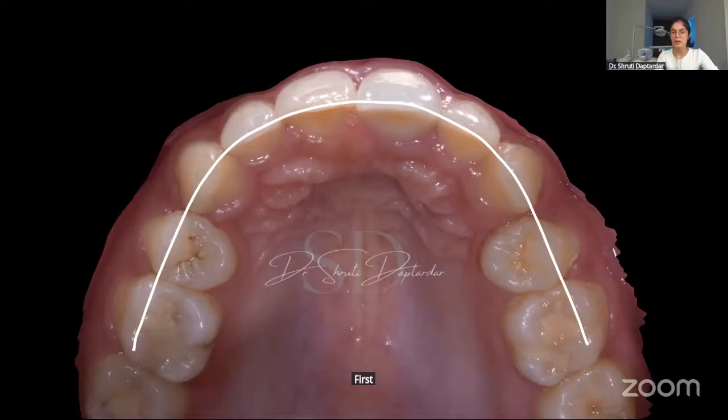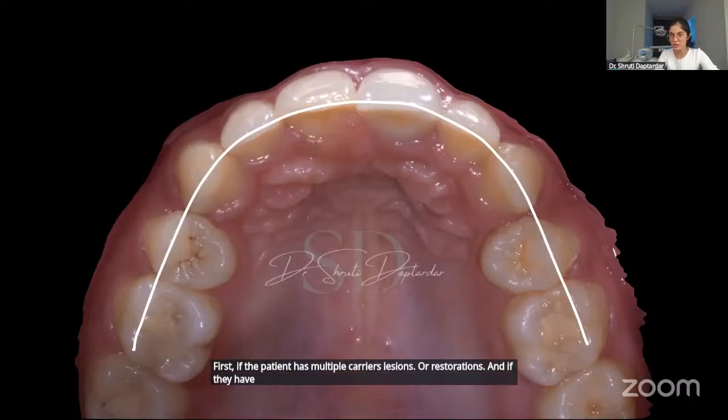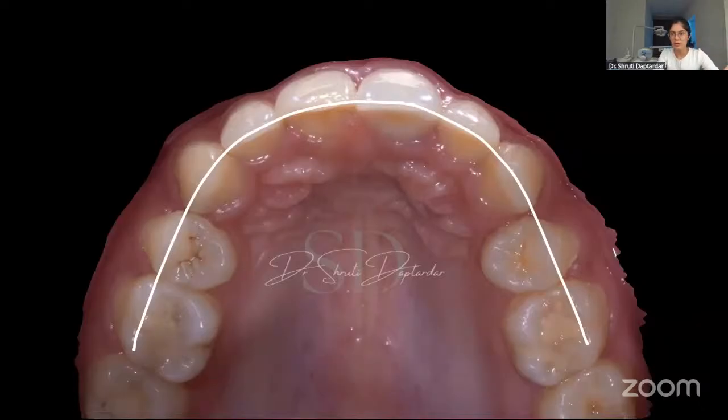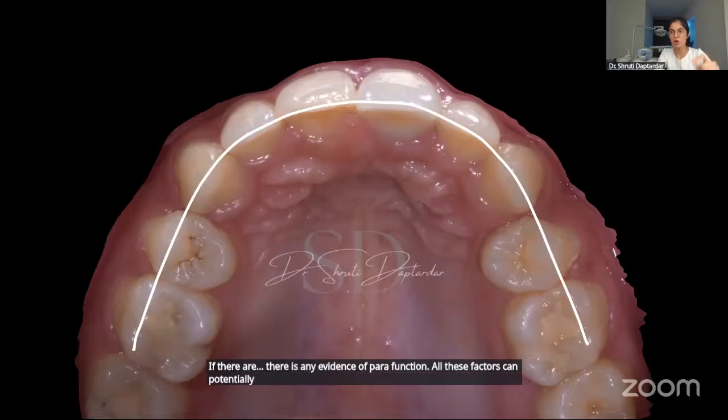First, if the patient has multiple carious lesions or restorations, then you need to check the quality of the restoration, molar relation, canine guidance, and incisal guidance. If there is any evidence of parafunction, all these factors can potentially make or break your case.